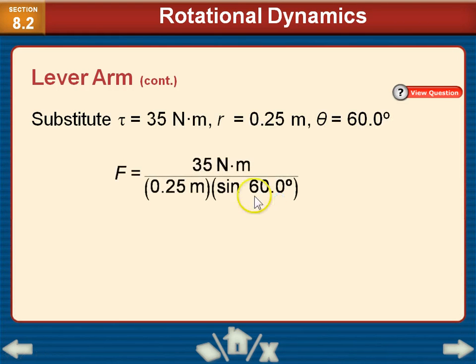So we're going to take our 35 divided by the 0.22 that we calculated earlier, and we get 1.6 times 10 to the second newtons, or 160 newtons. So if we're at this cockamamie angle and we don't have a meter long torque wrench, we have to apply 160 newtons to get 35 newton meters of force on the bolt.